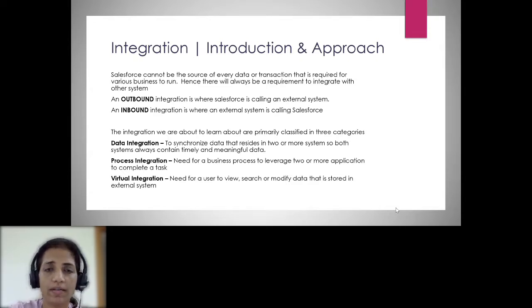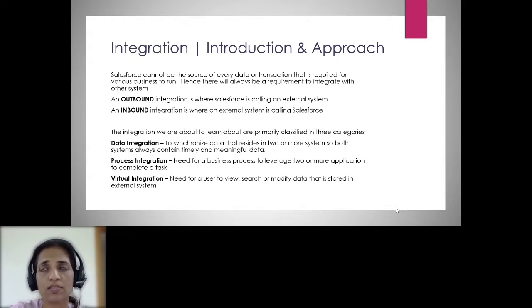Now, when we talk about integration, there is a terminology that we use. If Salesforce is calling any external system, then we call that an outbound integration. In a situation where some system is calling into Salesforce, that's an inbound integration.